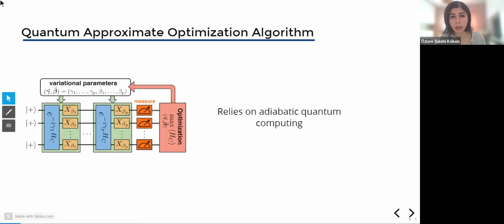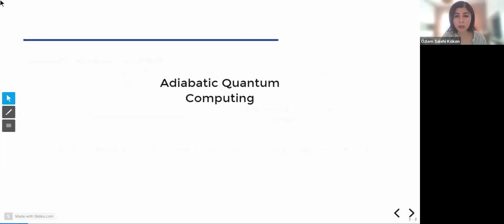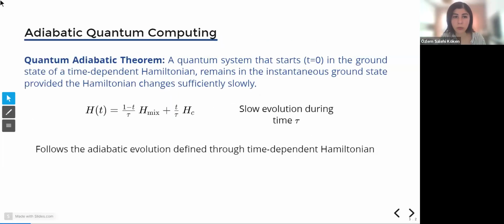So let's start with QAOA. But to understand this algorithm, we should first understand what adiabatic quantum computing is. You may be used to gate-based quantum computing where you apply some gates, you have a circuit, you apply CNOT, X, etc. But adiabatic quantum computing is a different framework.